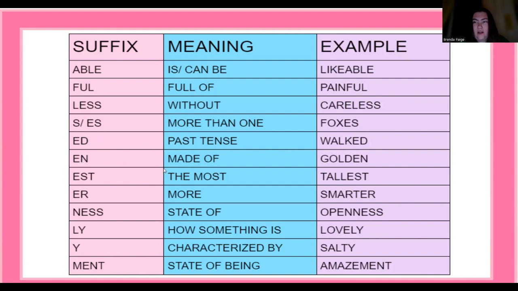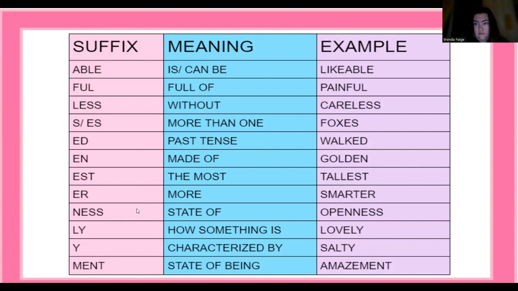EN, made of, golden. Like golden armor. Est, the most. I'm the tallest. Or maybe you want to be the tallest. ER means more, smarter. But we should never say we're smarter than someone else.